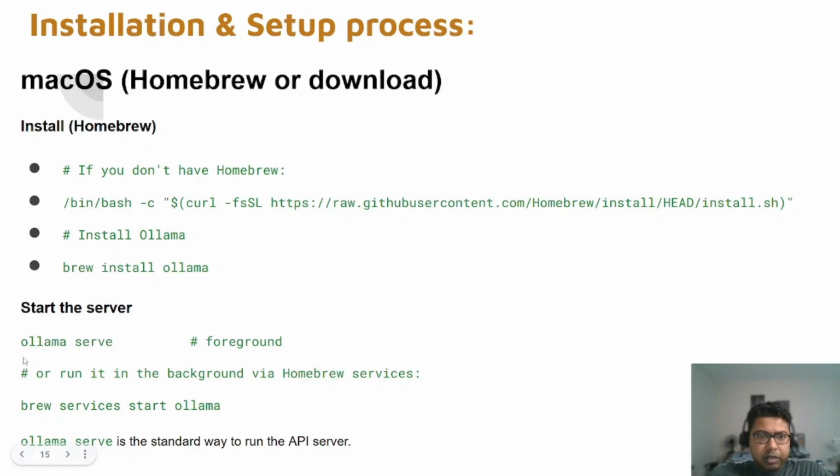This is a very generic command to start the server, and brew services start ollama for Homebrew. Ollama serve is the standard way to run the API server. Yes, so ollama serve basically enables us to use Ollama through HTTP, meaning through APIs.